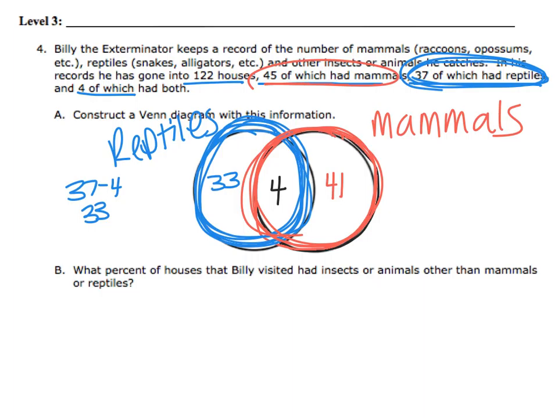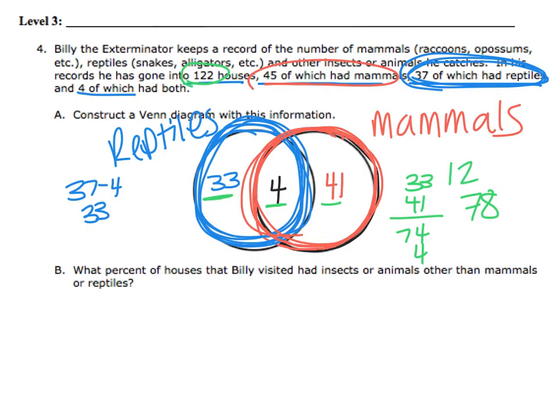Now, in part B, it says, what percent of houses that Billy visited had insects or animals other than these mammals or reptiles? So what I want to look at is the fact that reptiles had 33, both were 4, and 41. So if I add those up, 33 plus 41 is 74, plus 4 is 78. But the problem said there's 122 houses.